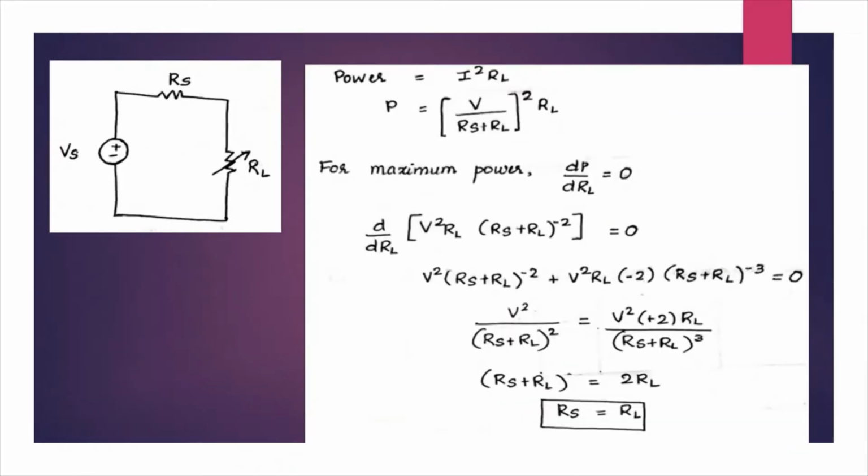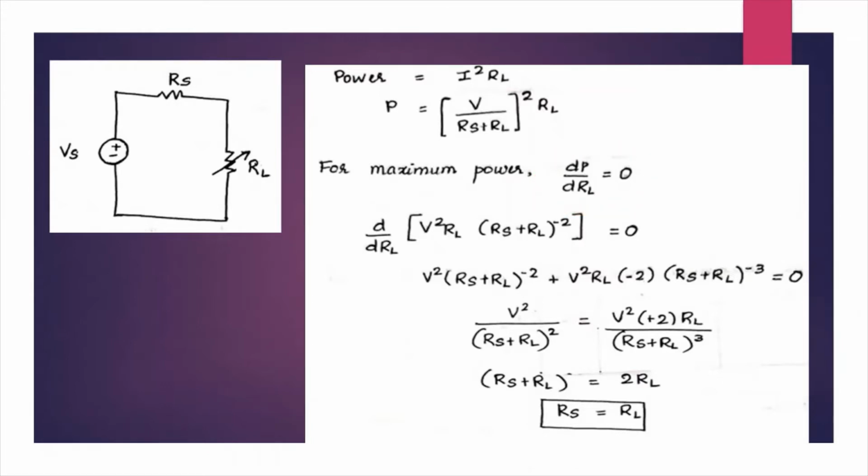In order to prove that, we first write the equation for power, which is I squared into RL. Instead of I we can write V divided by the total resistance, which is Rs plus RL. Then to find the maximum power, we have to take the derivative of that and equate it to 0.